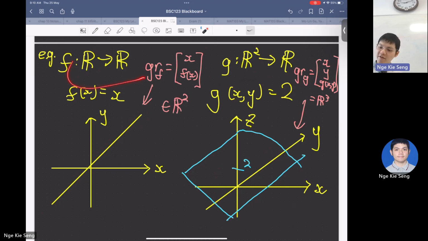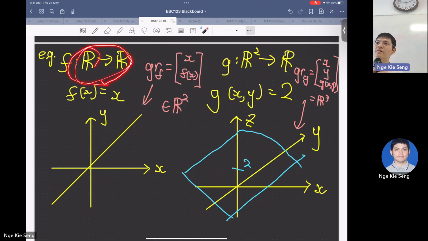Do you ever ask a question? This is a function from R to R, right? Why do I draw this R2? Why do I have 2 axes here? What you are doing is sketching the graph, and this graph lives in the total space of these 2.